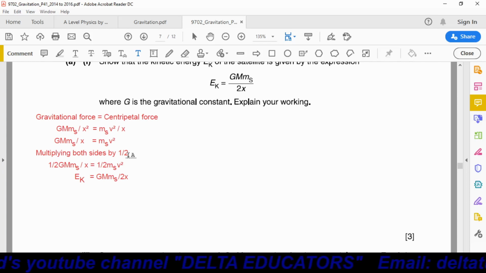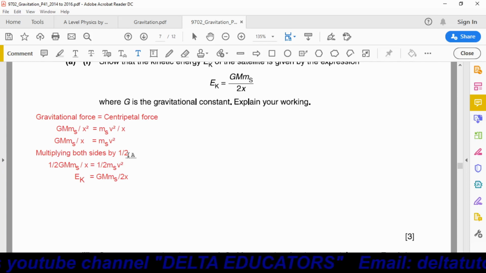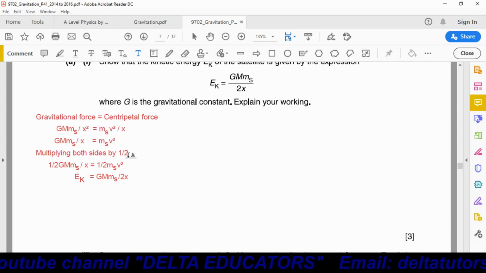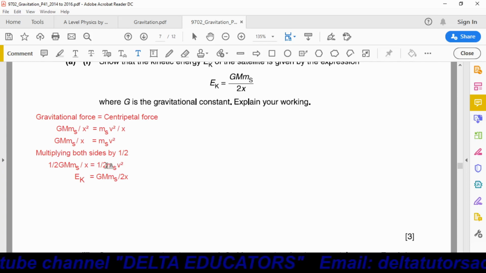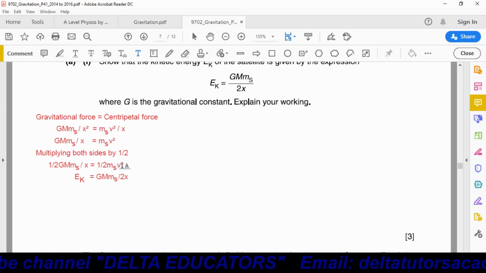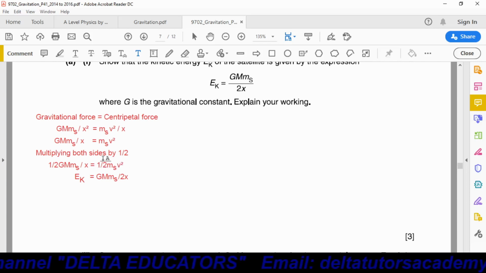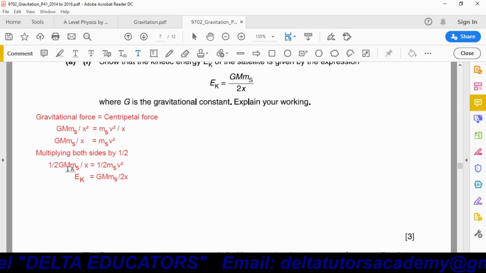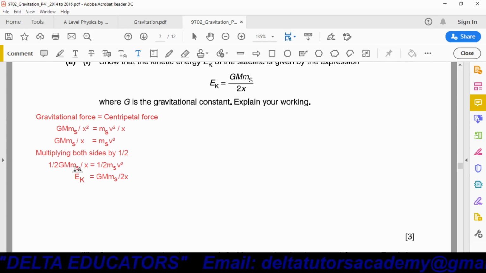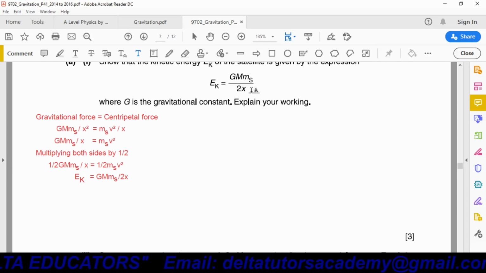We know the formula of kinetic energy is half mv square, and it is written here, half mv square. So we can say kinetic energy will be equal to half capital G capital M into small ms over x. The same thing we had to find out.